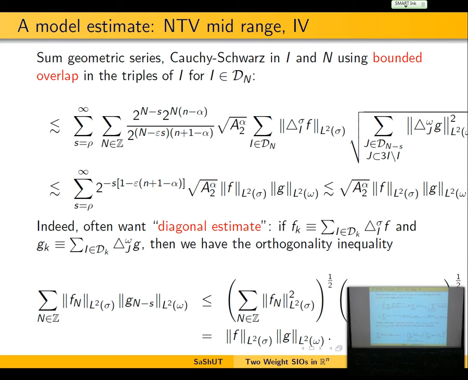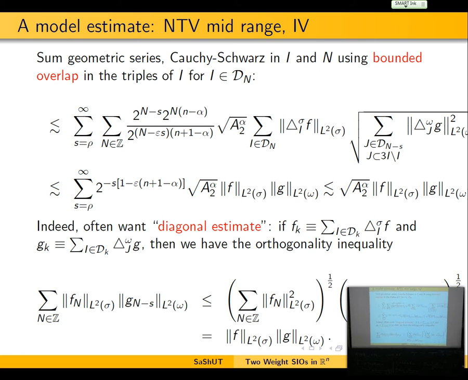What we often want for these kinds of things to work is what we call a diagonal estimate, namely the following. Assume F is decomposed into the projections onto the Haar basis at size 2 to the n. And G is decomposed essentially the same size, maybe S steps below, but it's essentially diagonal once you fix the S. So then, if you have an estimate like this, you win, because you use Cauchy-Schwarz, and you win.